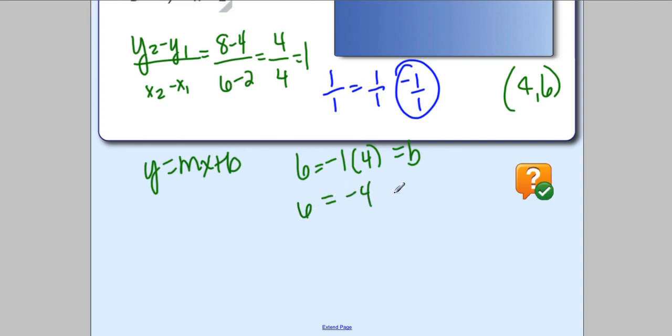Oh sorry, that should be a plus sign. Then you would add 4 to both sides to get 10. So the slope is -1 and the y-intercept would be 10.